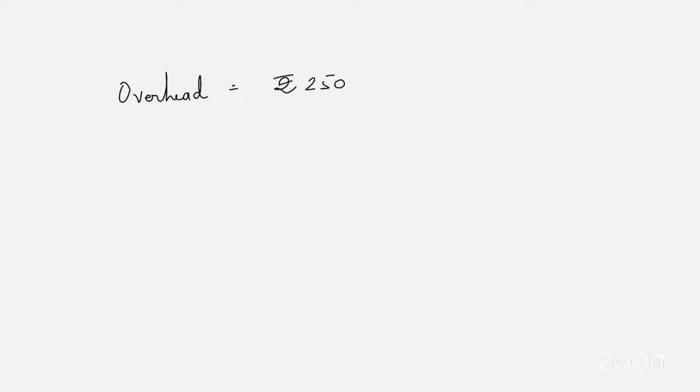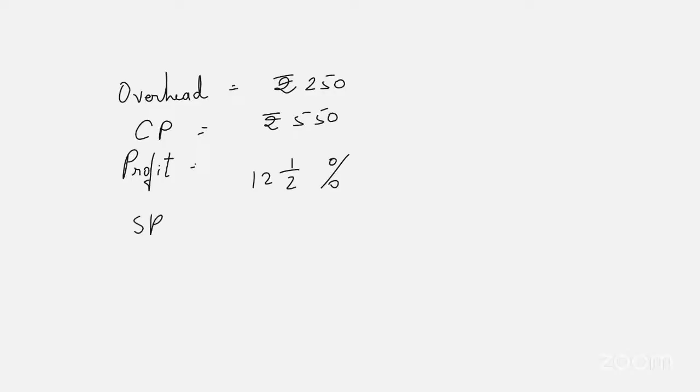And cost price is rupees 550. In the question, we have a profit of 12 1 by 2%. Okay. And what we have to calculate is the selling price.